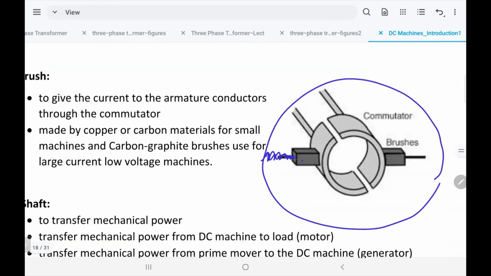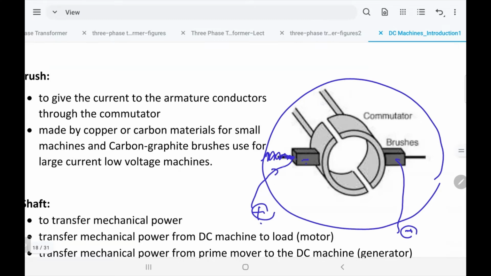The wires come from the brushes to the battery, one to the positive, one to the negative. The commutator is rotating all the time, but the carbon brush is connected to the positive, and the other brush to the negative.